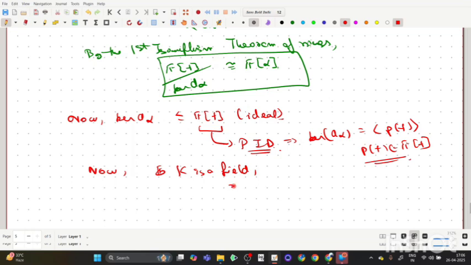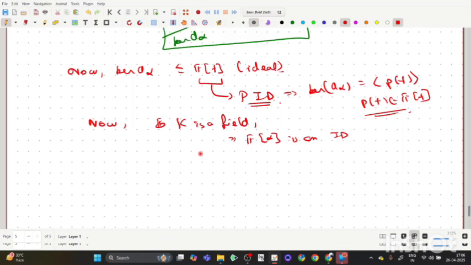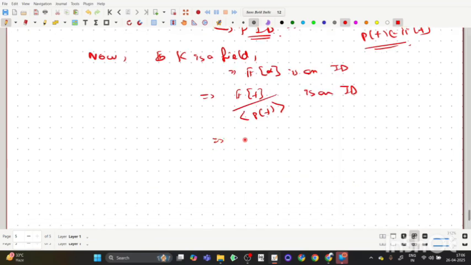Now K is a field, that implies that F[alpha] is an integral domain, right? What does this imply? This implies that F[t] over the ideal generated by p(t) is an integral domain. What does this imply? Recall from the characterization of prime ideals, this implies that the ideal generated by p(t) is a prime ideal.